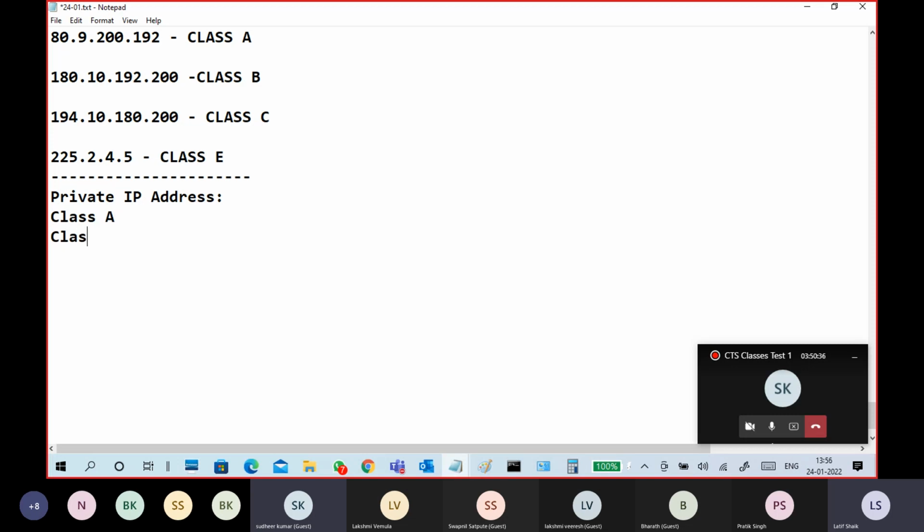Class A private IP address range is 10.0.0.0 to 10.255.255.255. If you search on certain websites you will see it a little different, because they show 1 and 254. I will tell you why, but this is the complete range.